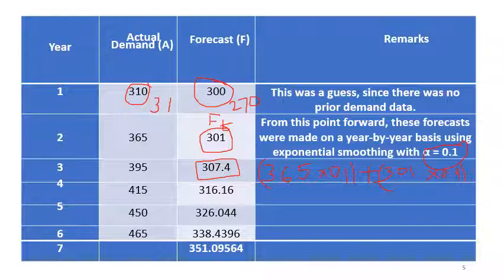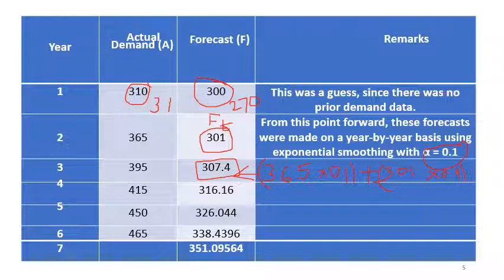So 365, the previous actual into alpha, plus the previous forecast into 1 minus alpha will give me this particular value, and so on. So for each of these, I will find the forecast values.